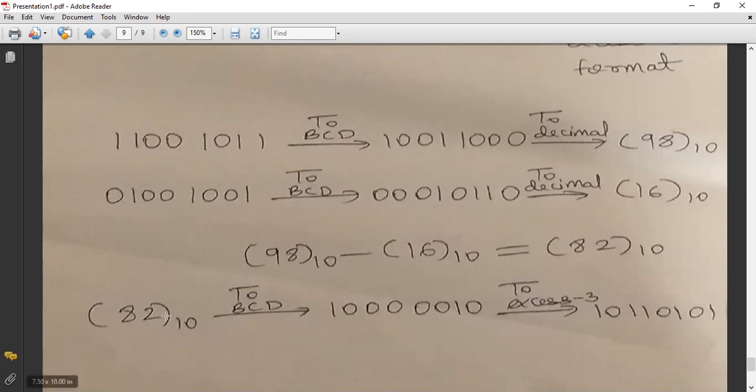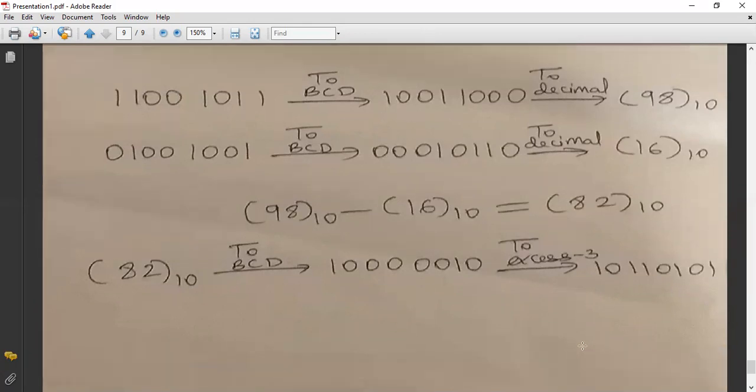The BCD form is 1 0 0 0 1 0. So this is just a BCD representation. 8 is represented as 1 0 0 0, and 2 is represented as 0 0 1 0, and XS3 is nothing but adding 3 to each number. So we will get 1 0 1 1 0 1 0 1 as the answer here.